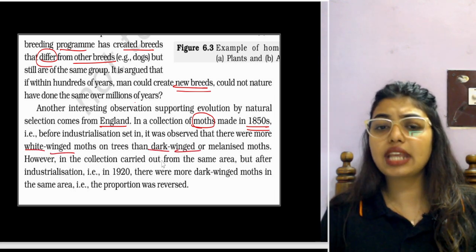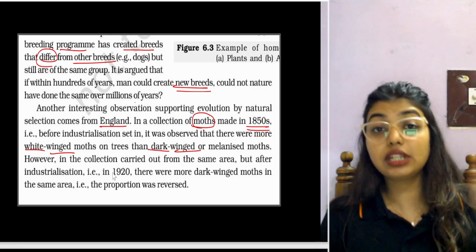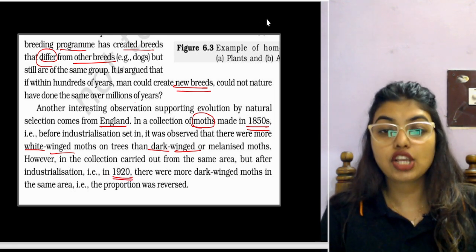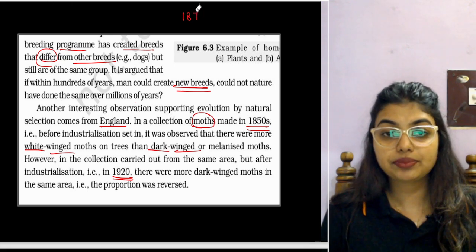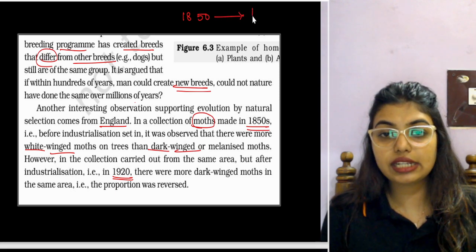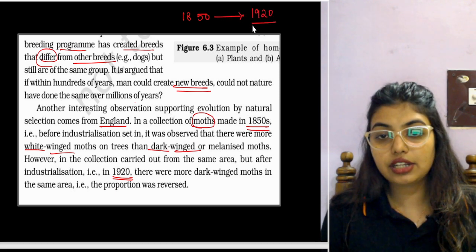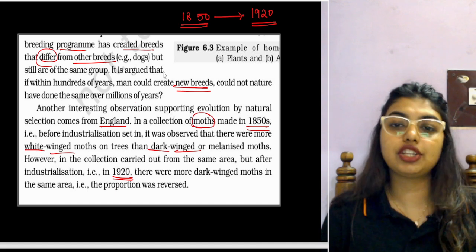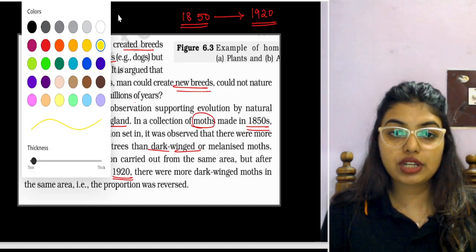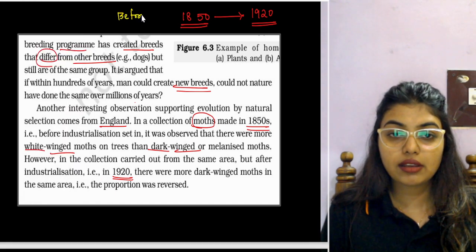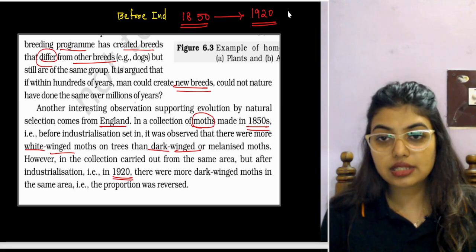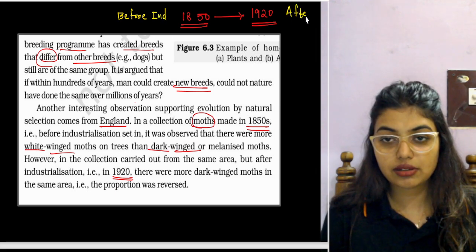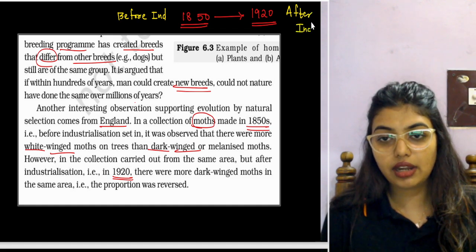However, in the collection carried out from the same area after industrialization, in 1920, so the first time they did an investigation was in 1850, and the second categorization they did was in 1920. So 1850 was before industrialization, and 1920 was after industrialization.